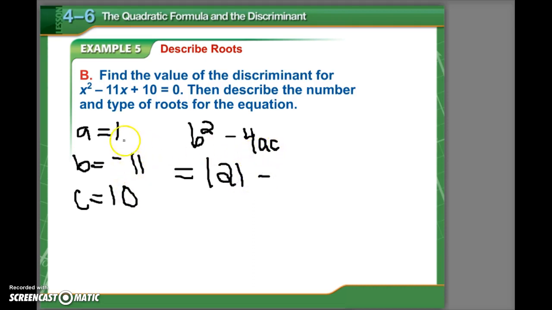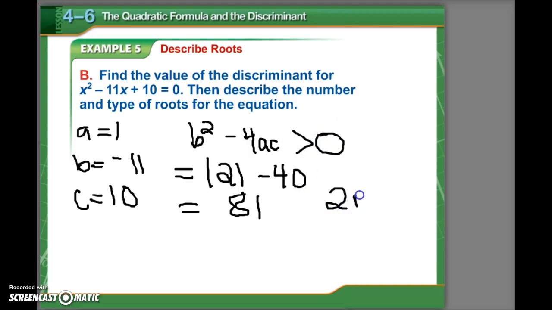A times c is 1 times 10, that's 10, times 4 is 40. 121 minus 40 is 81. So that tells me, since it's positive, it's greater than 0, that there's going to be two real roots.